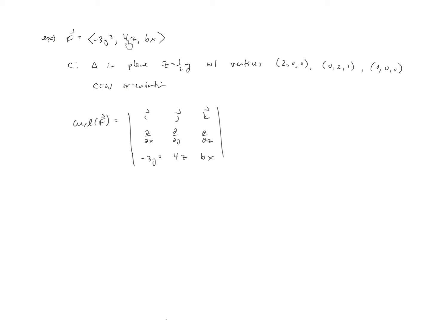So I went ahead and plugged those guys in down there. And so you can certainly work this out from scratch if you want to. You can use the expansion from the very first part of this video if you'd like. It's completely up to you how you compute this. But at the end of the day, this ends up as a negative 4, a negative 6, and a 6y.